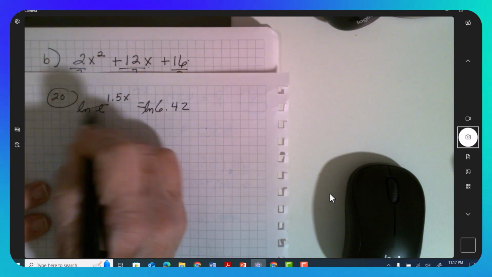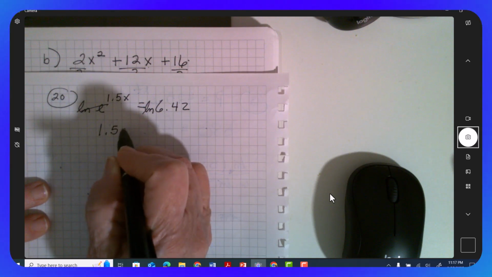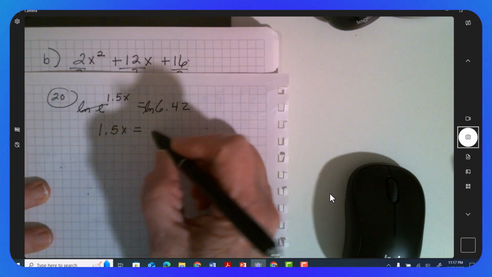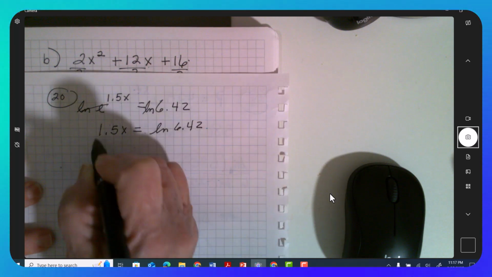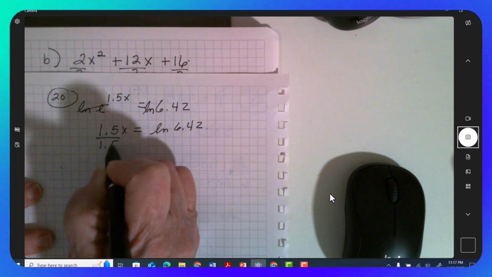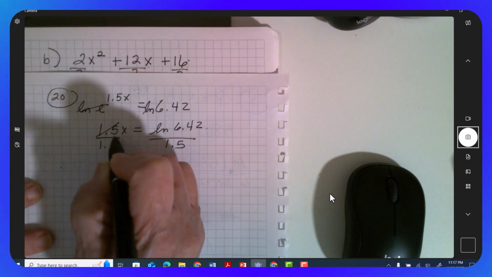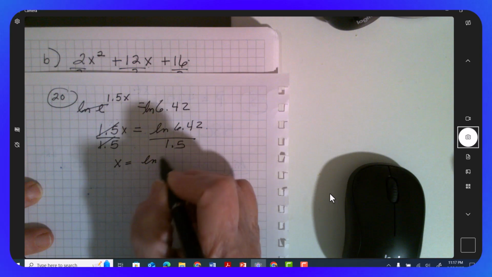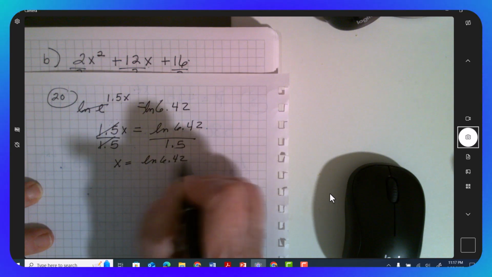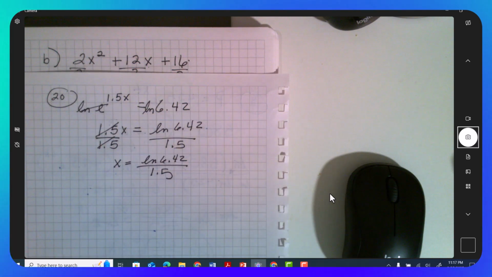Now that I've done this, the 1.5x comes out, equals ln 6.42. Okay, now I'm going to divide both sides by 1.5. 1.5 over 1.5 is 1, so x is equal to ln 6.42 divided by 1.5. Put that into your calculator to get your answer.